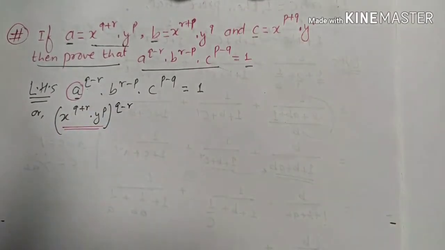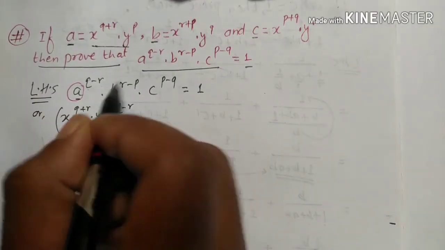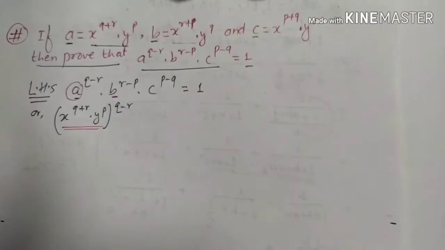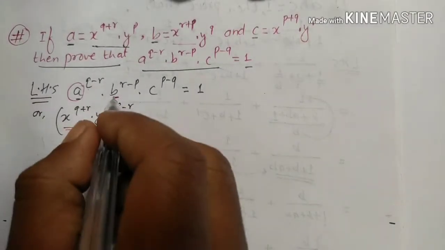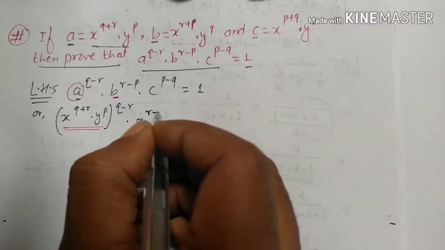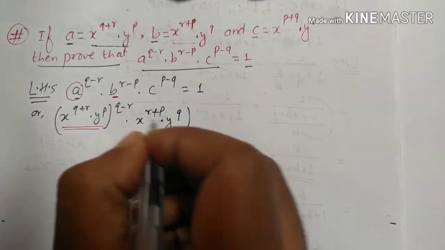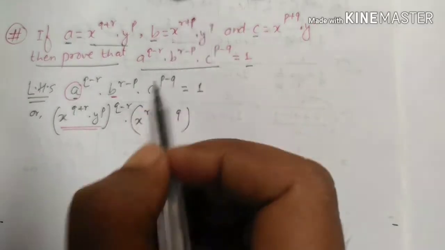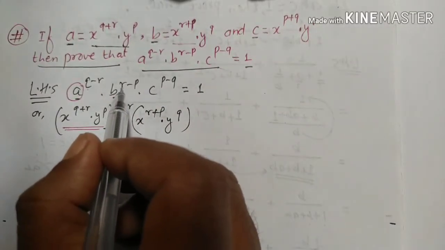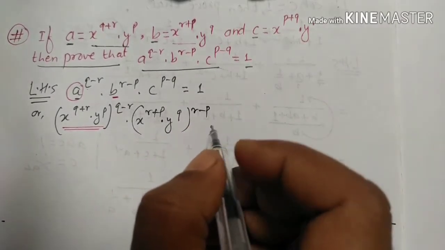Now the term of b: in place of b you can write here this term, x power r plus p times y power q, and you can see here in the power of b, r minus p.